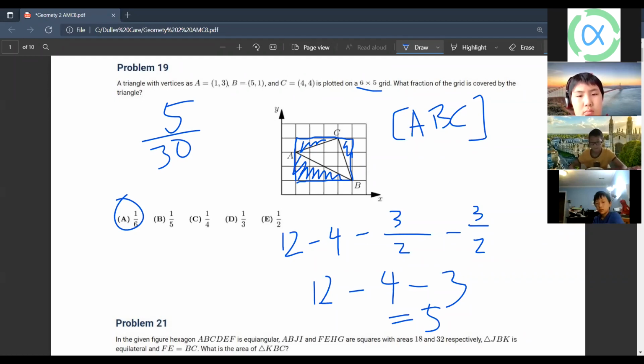Now let's look at what exactly is the Shoelace theorem.